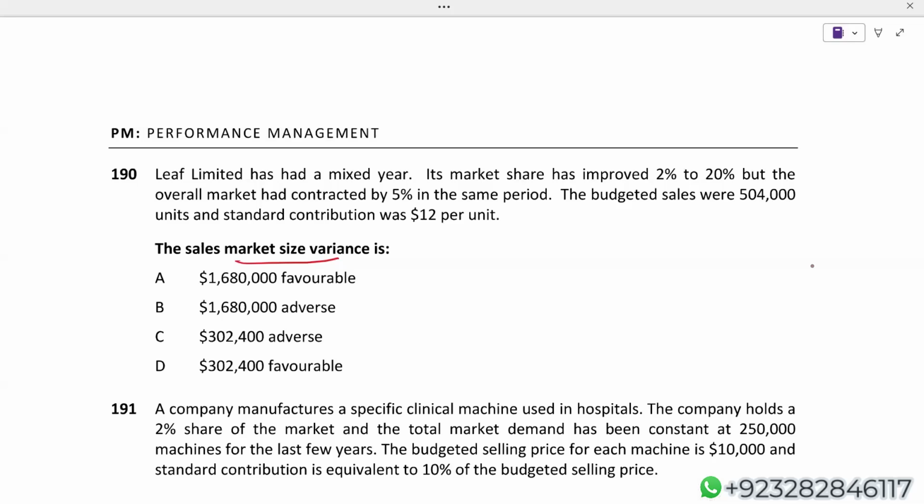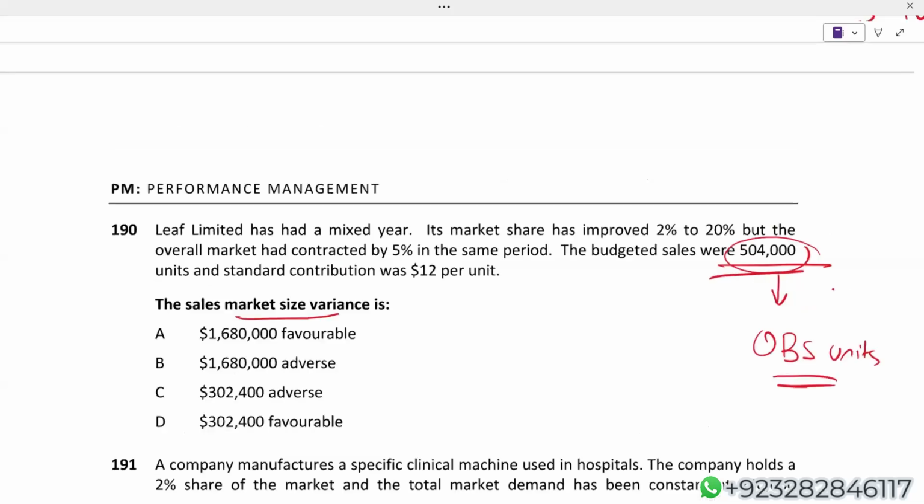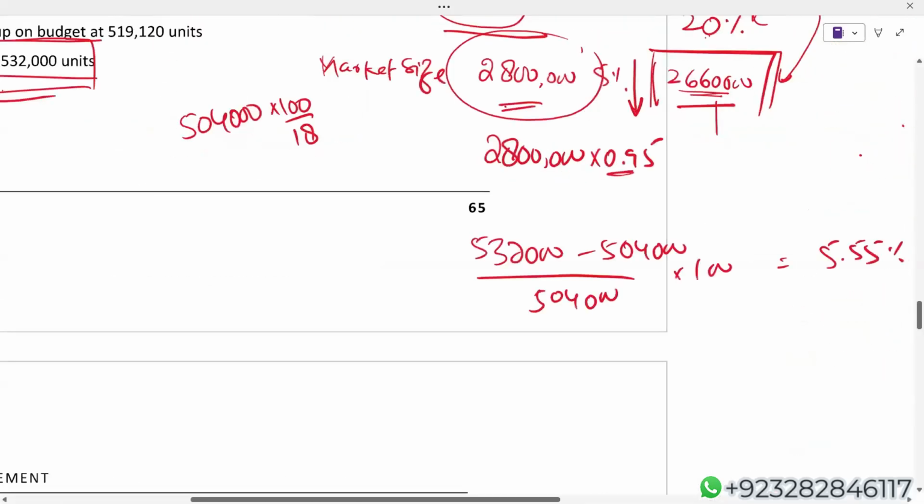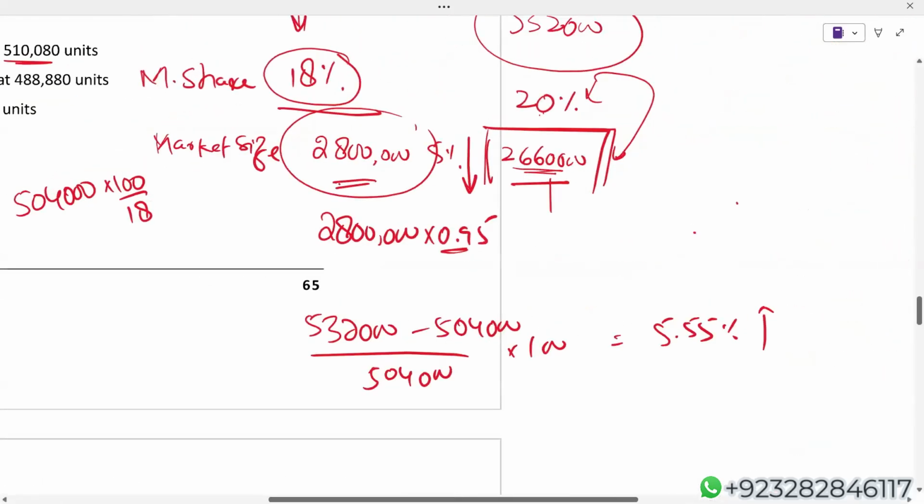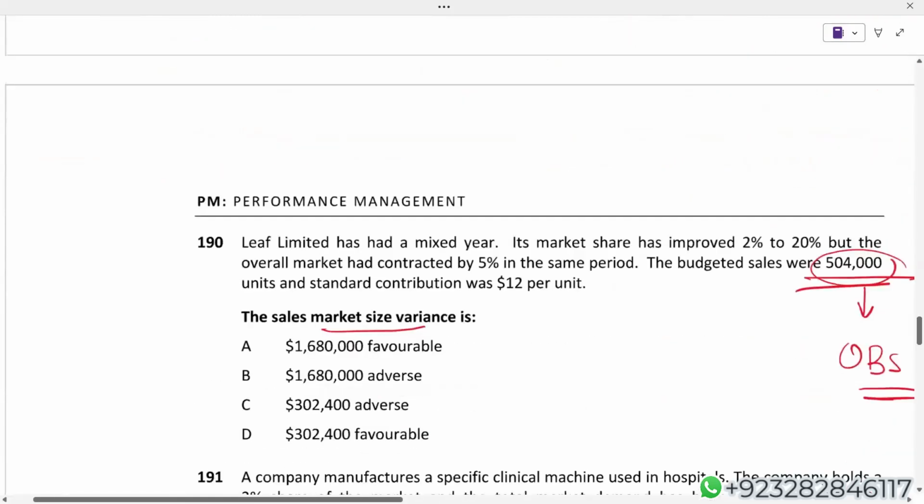According to the original budget, original budgeted sales units is 5,04,000. Now, the new market size after the decline of 5%, we have calculated, is 2.66 million.